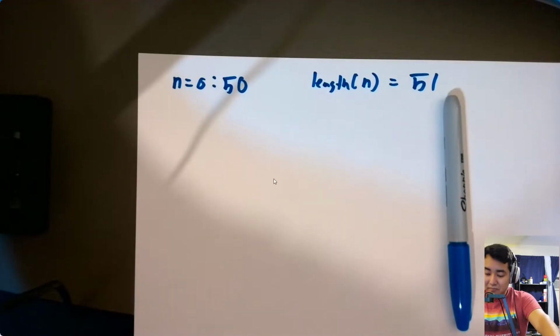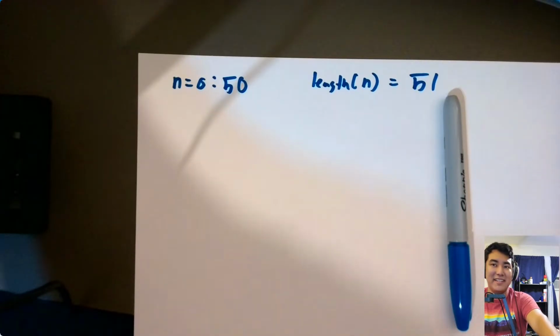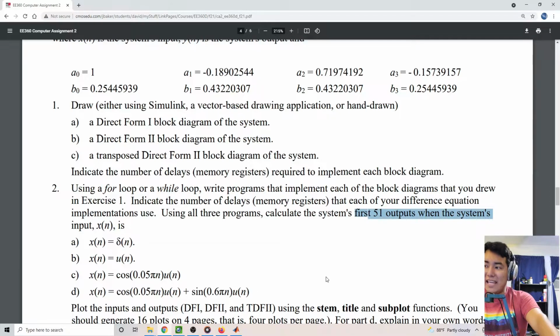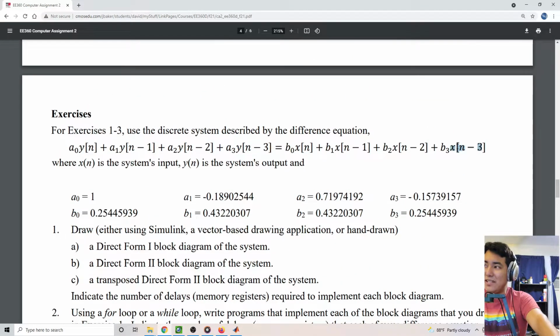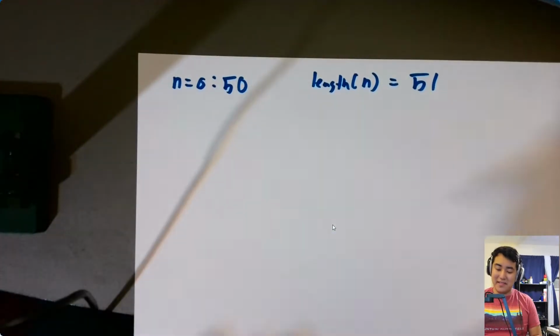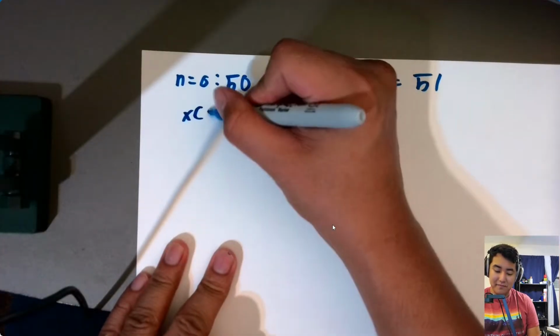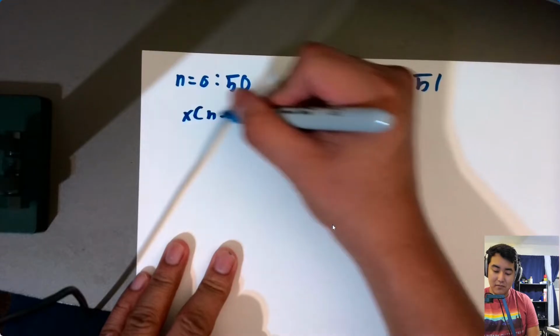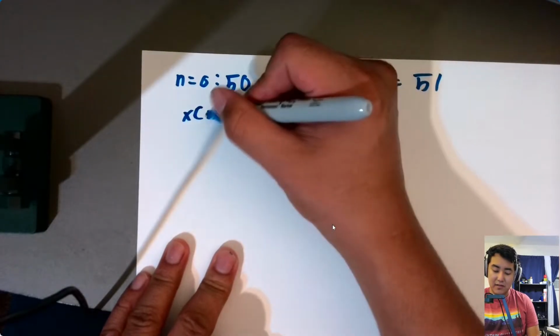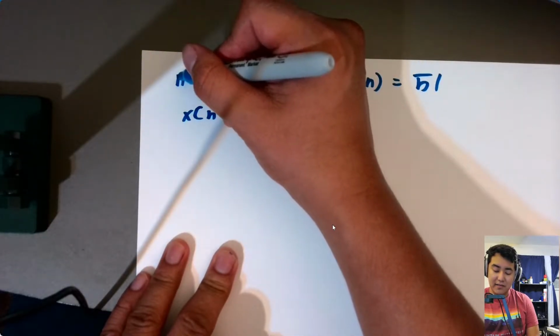Believe me? So now, here's the part where people start getting confused and scared and lost. We have a delay right here, right? What happens when, let's look at this, n minus 3. Actually, instead of calling this n, that's our time.